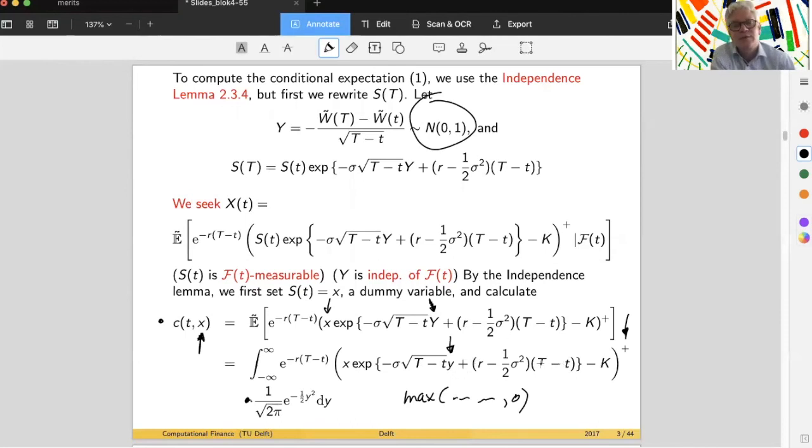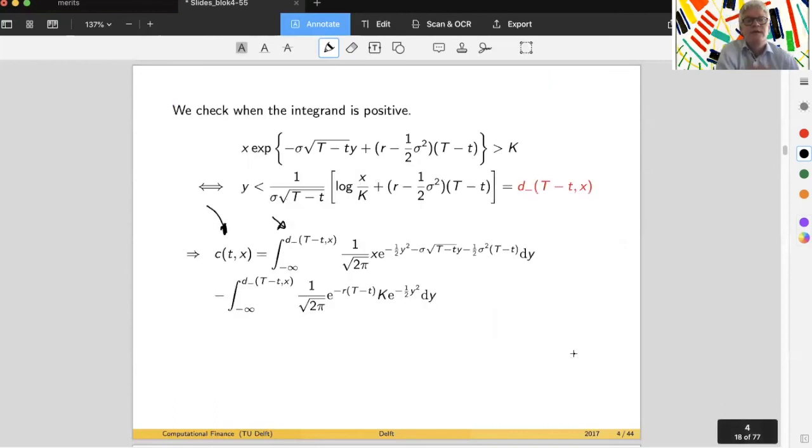That's the first part, and the second part is with the k. So the first part is the integral from minus infinity to d minus, 1 over the square root of 2 pi, times x times e to the power minus 1/2 y squared minus sigma, the square root of capital T minus little t, times y minus 1/2 sigma square capital T minus small t, dy. That's the first part.